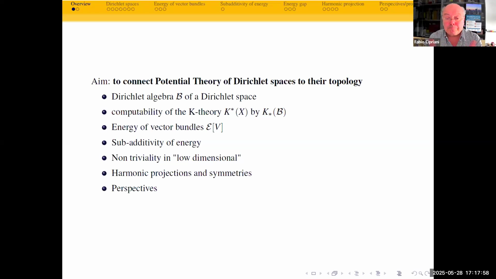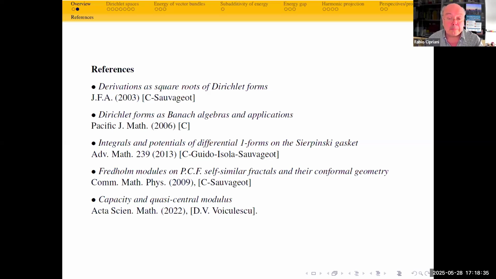And this provides the appearance of special symmetries or special projections on this algebra, which are just the critical points of the energy, and so we call them harmonic. And at the end, maybe I will try to suggest some connections with other works of people. Some of the references are listed here.